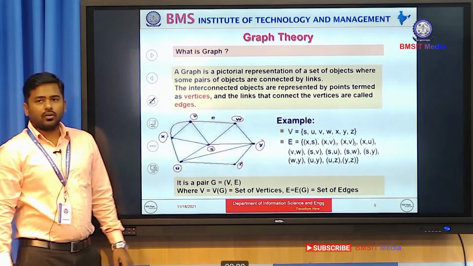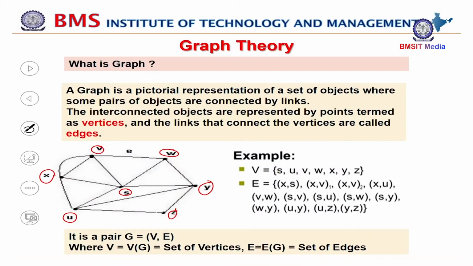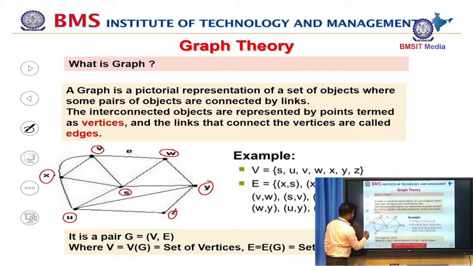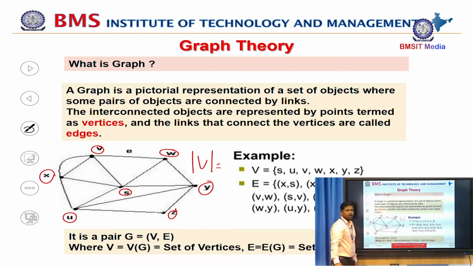So, it has a set of vertices. We can define the number of vertices as the order of the graph. We can write the order of a graph as |V| equal to the number of vertices in the graph. Here the number of vertices is 7, and the number of edges we can represent as the size of the graph.